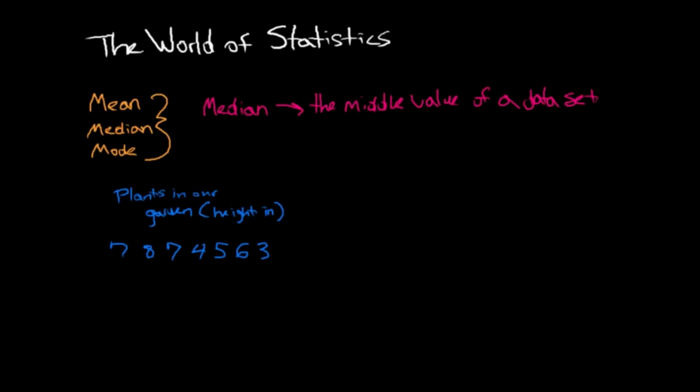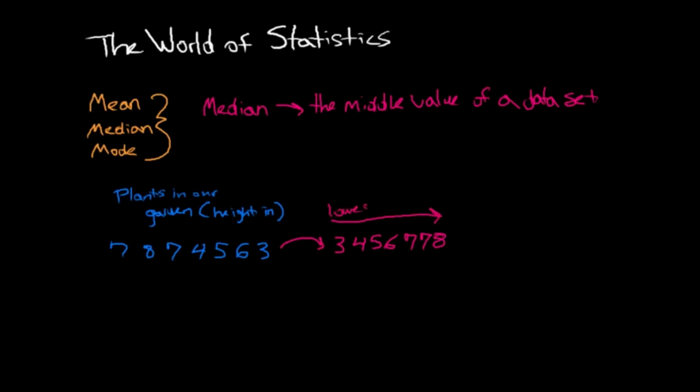We need to make sure that we order these values from lowest to highest. So if we're going to calculate the median, we have to transform this data set. It's going to be 3, 4, 5, 6, 7, 7, 8.